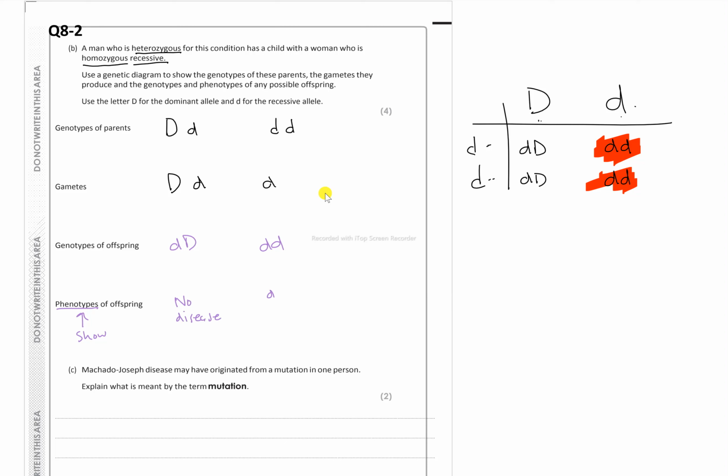It's dominant, so if you've got big D, you have the disease. Right, I got my head around it. And these, because they're both small d and it's recessive, you're going to end up with no disease.